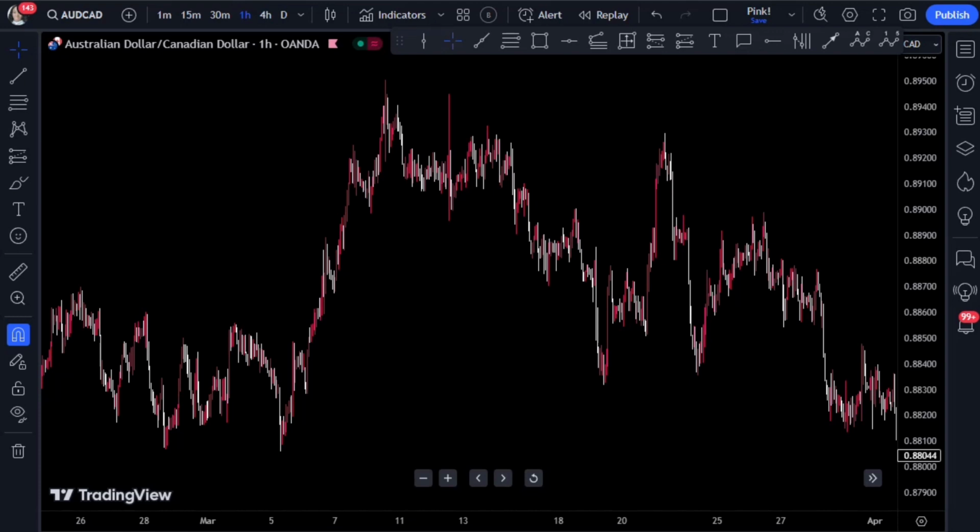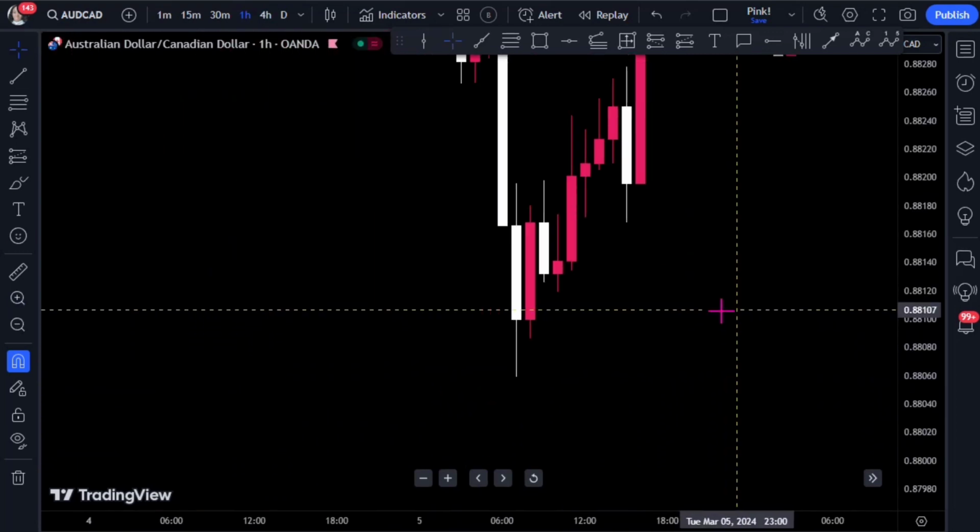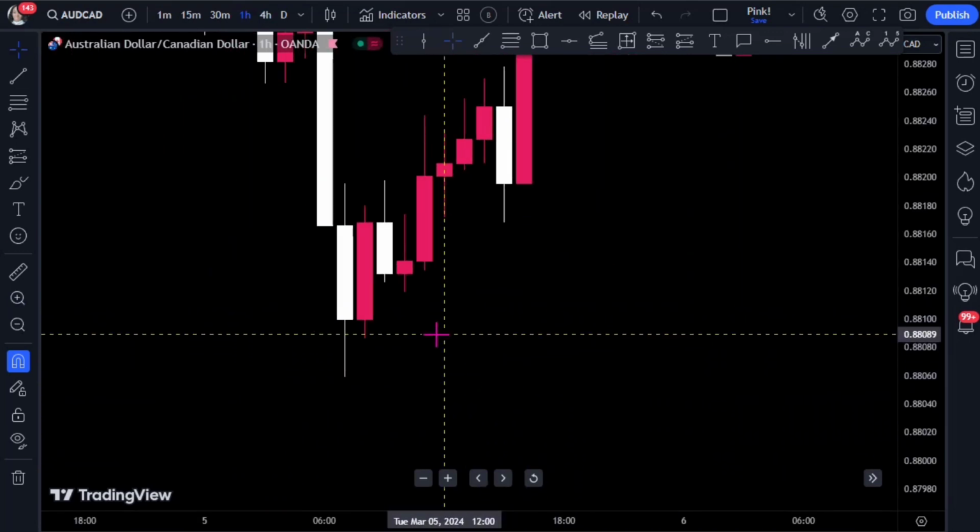What I mean when I say you need to be consistent is that if you use wicks, you need to always use wicks. If you use bodies, you need to always use bodies. So the reason why is so that you can have consistent information across your analysis. I personally have chosen to use wicks.